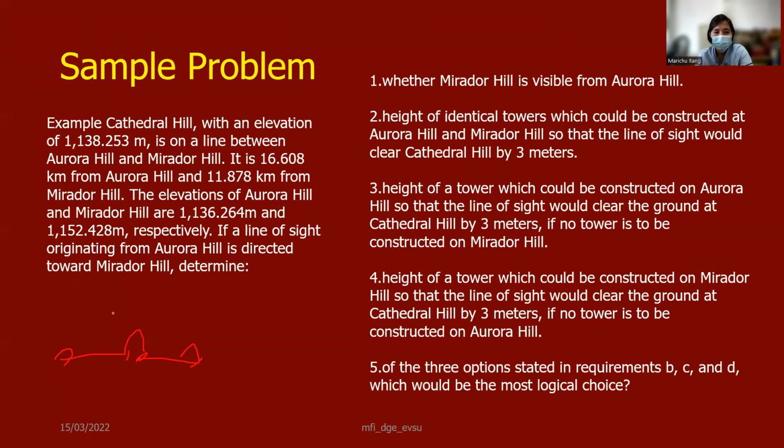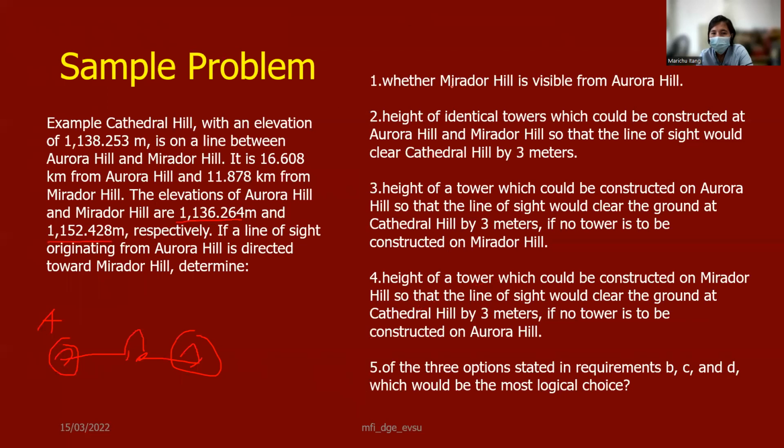So the elevation of Aurora is 1136.264, and then yung elevation ng isang point is 152.428, so which means yung elevation ng second point. So if the line of sight is generating from Aurora, ito yung ating Aurora, dito yung ating station occupied since nagsimula dito yung ating line of sight.